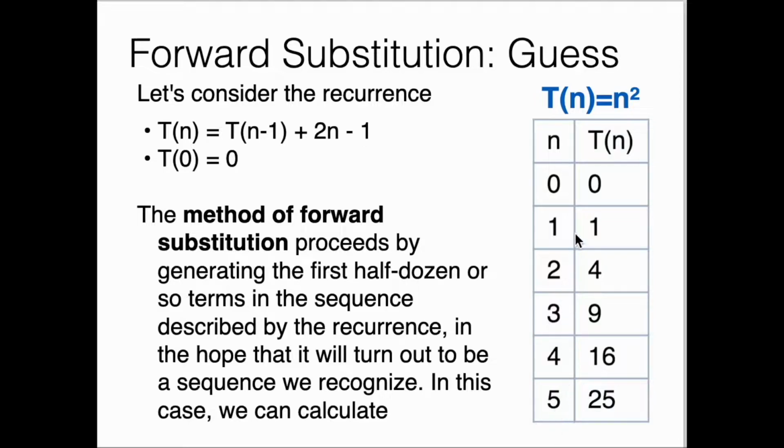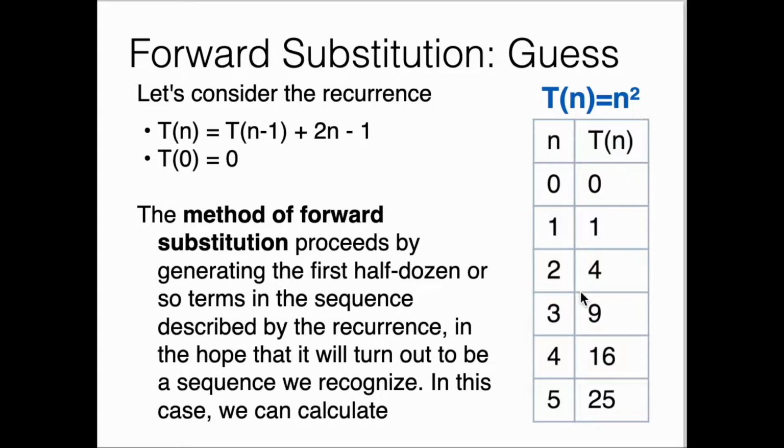If we have a table such as this one, with n equal to something and the evaluation of n, we can somehow guess that the function behind n and the corresponding T of n is n squared.